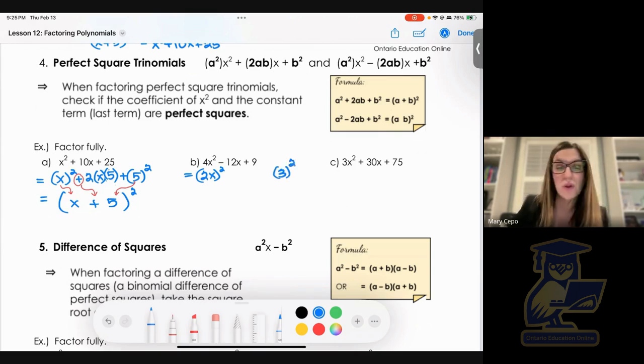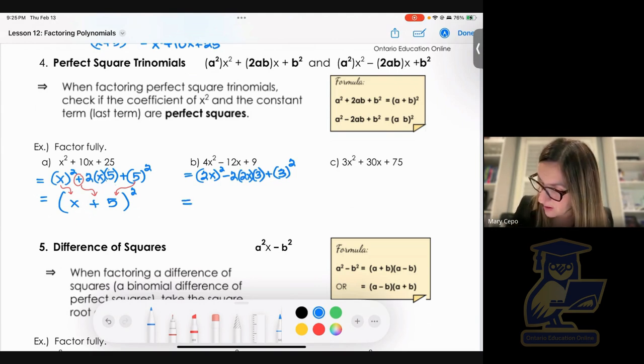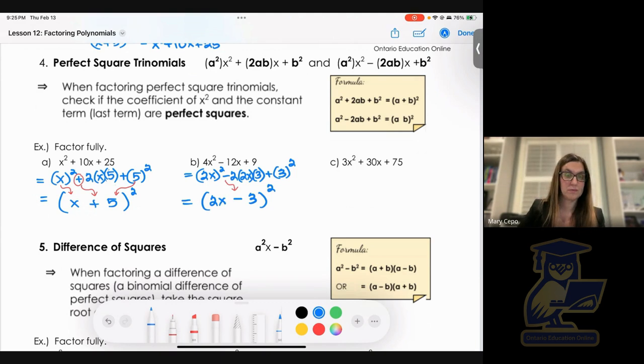Yes, it is. 3 times 3 is 9. Is the middle term double the roots? And this is the key, this has to exist as well. Well, 2 times 2x times 3 is negative 12x. Therefore, we would have a binomial square. 2x and 3 are the terms of my binomial, and we always keep the sign of that middle term.